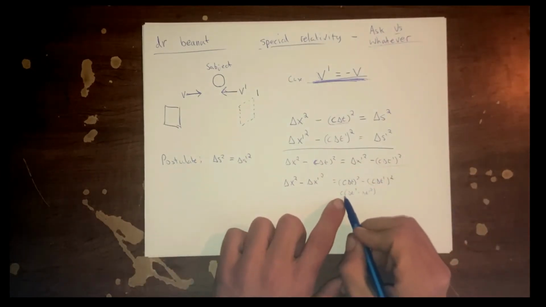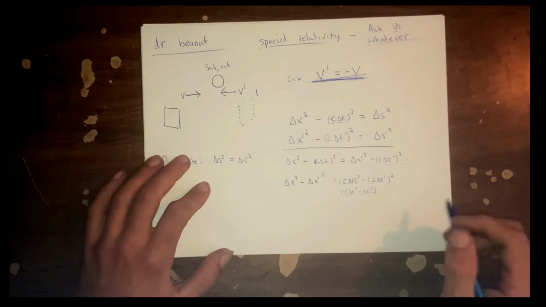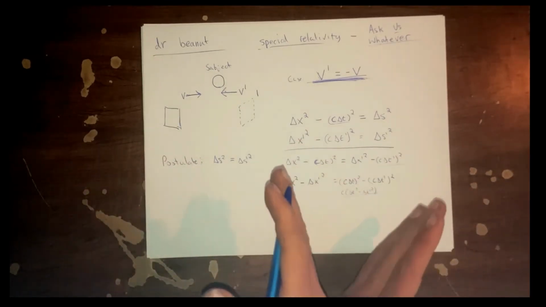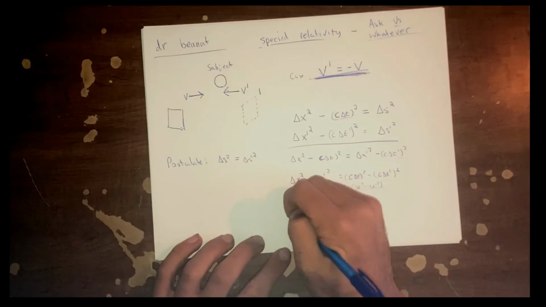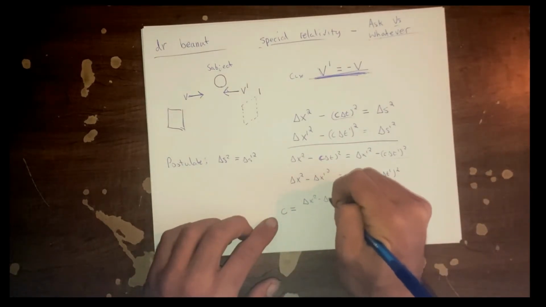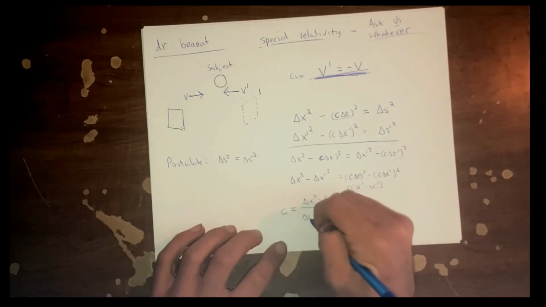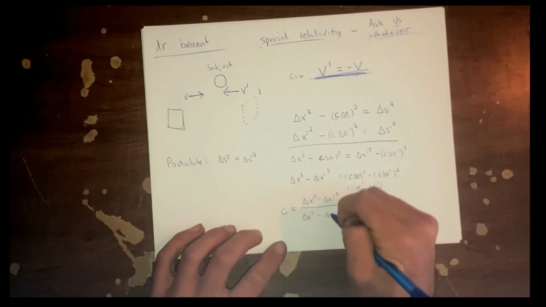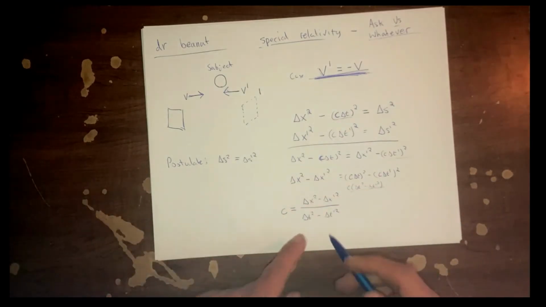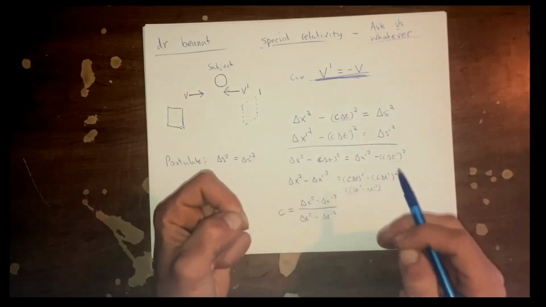And actually, I'm going to go ahead and divide through by that delta t term, and flip sides so we have the c on this side. So we get c equals delta x squared minus delta x prime squared, divided by delta t squared minus delta t prime squared. Cool, this tells us c in terms of a bunch of delta x's and delta t's.